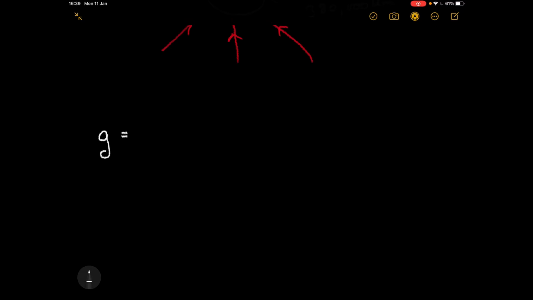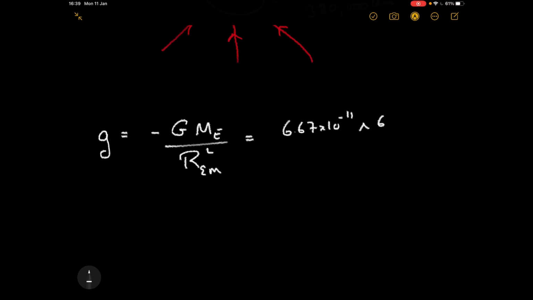So g at the moon will equal the ratio of the Earth-moon squared, so we get 6.67 times 10 to the minus 11 times 6 times 10 to the 24, all over 384,000 kilometers squared. So we'll work that out.